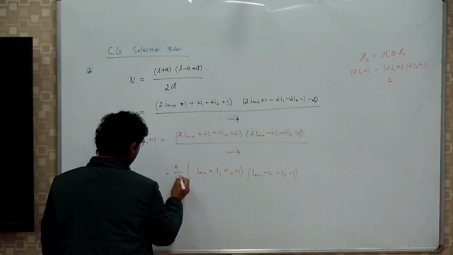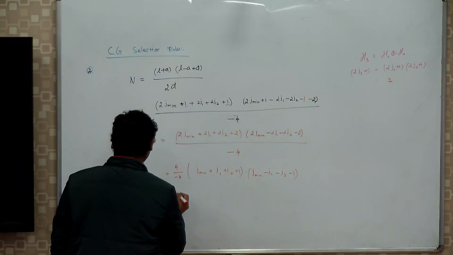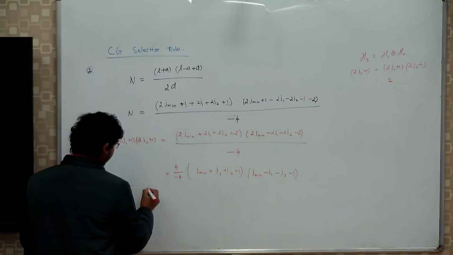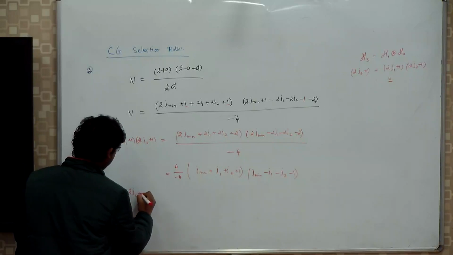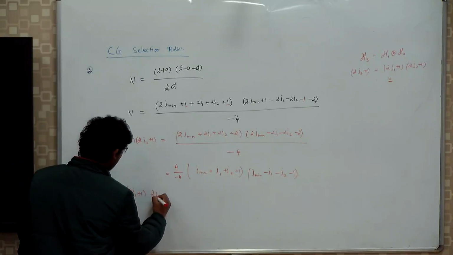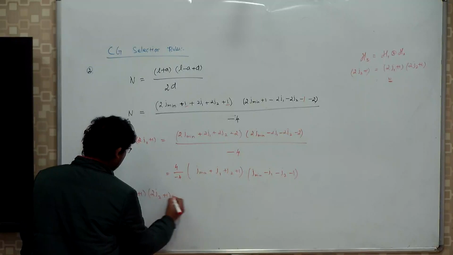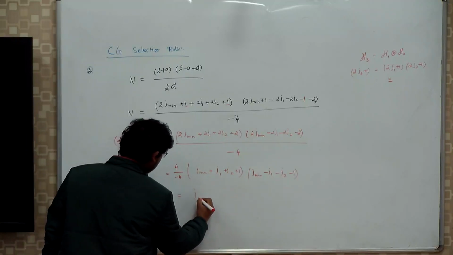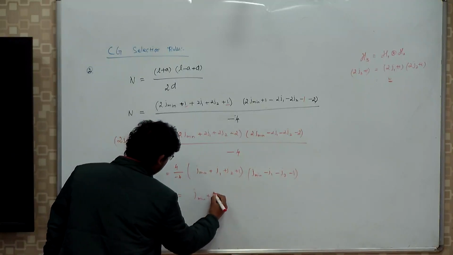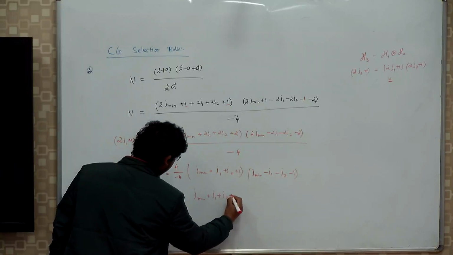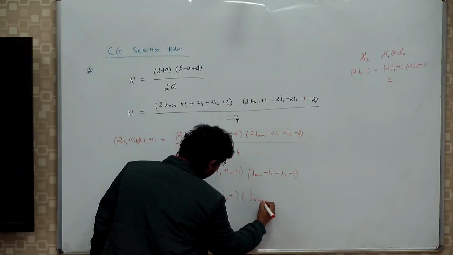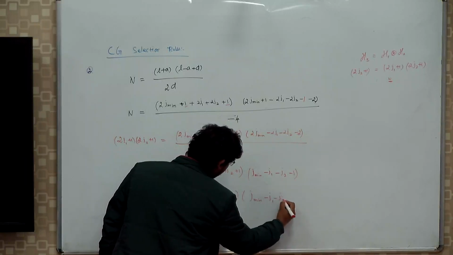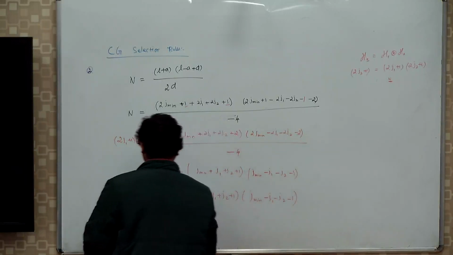So here it will be minus 1, then this can be further rewritten as minus (2j1 plus 1)(2j2 plus 1) is equal to (j minimum plus j1 plus j2 plus 1) product with (j minimum minus j1 minus j2 minus 1).